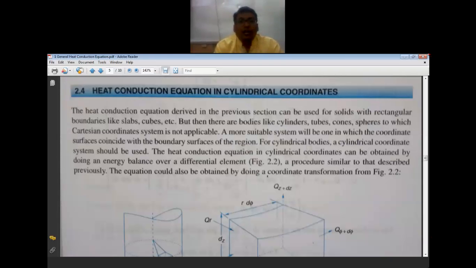Now we will consider the heat conduction equation in the cylindrical coordinate system. So in the cylindrical coordinate system, it is r, theta and z direction that is to be considered.